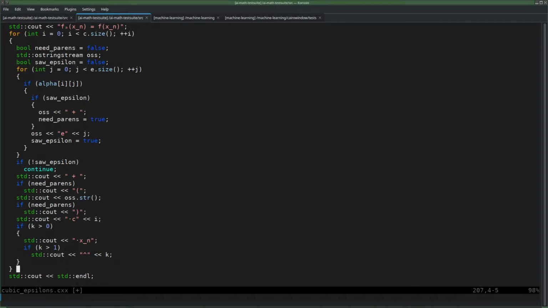Yes. And then I have a K here. And now we need to loop over K as well. Let's do that slowly, the outer loop.